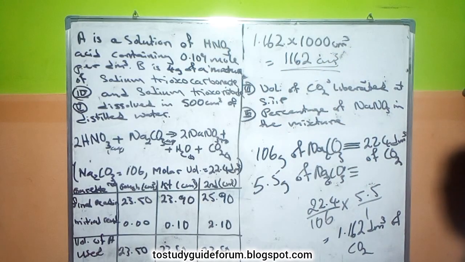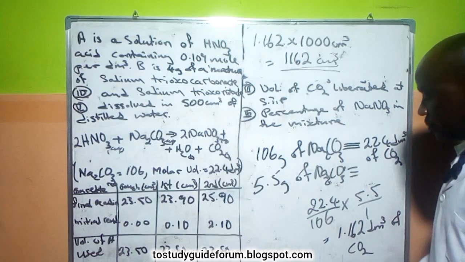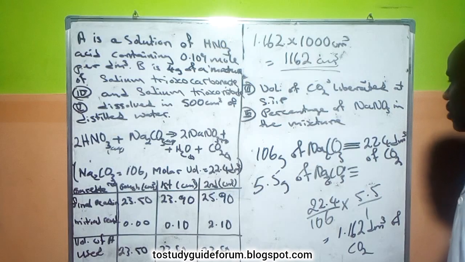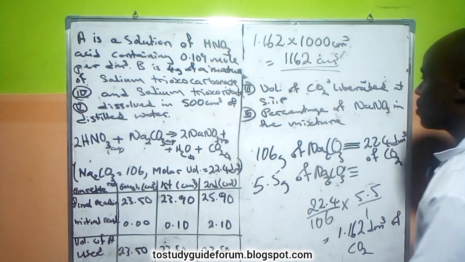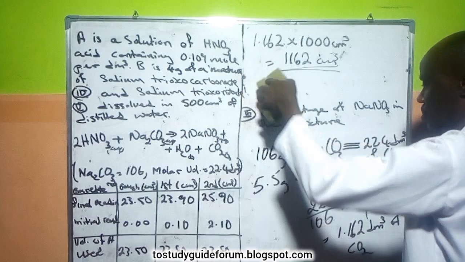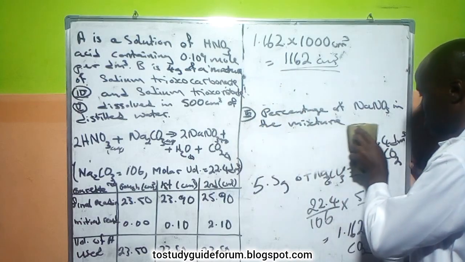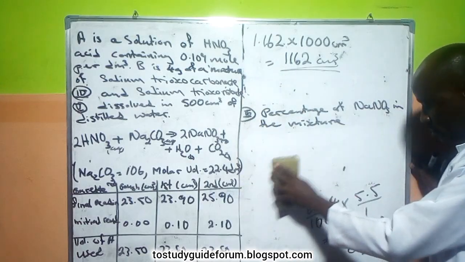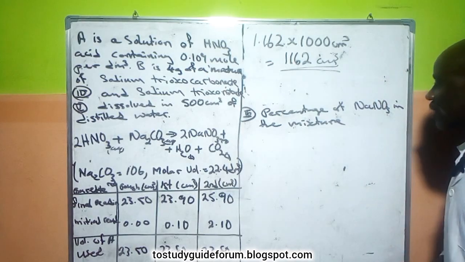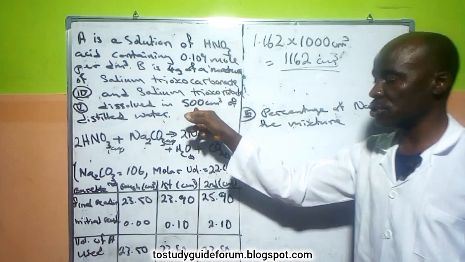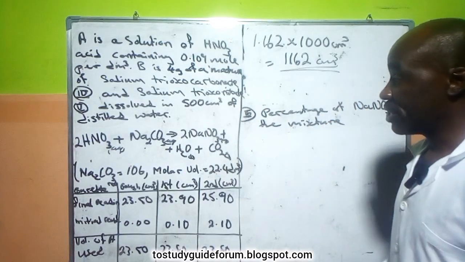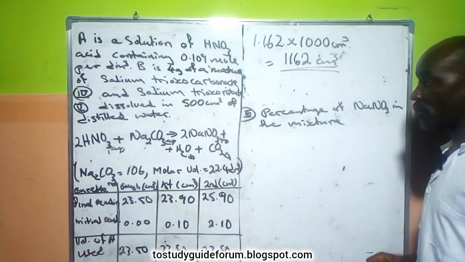The next one we're looking at is calculating the percentage of sodium trioxonitrate V in the mixture. Now look at it. We have 4 grams dissolved in 500 cm cube.